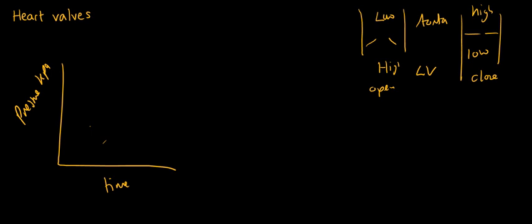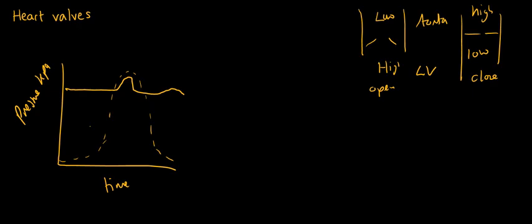So this is going to be my ventricle pressure that we drew previously. And then with a straight line or a non-dotted line, I'm going to draw my aorta pressure, which is like this, roughly.